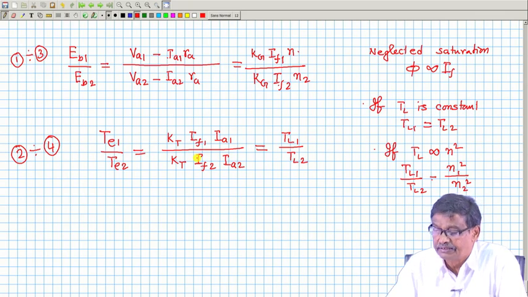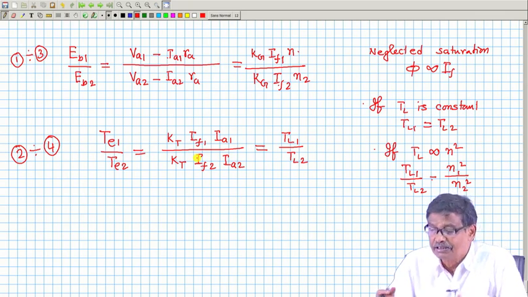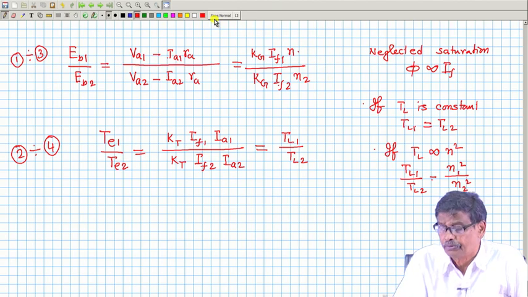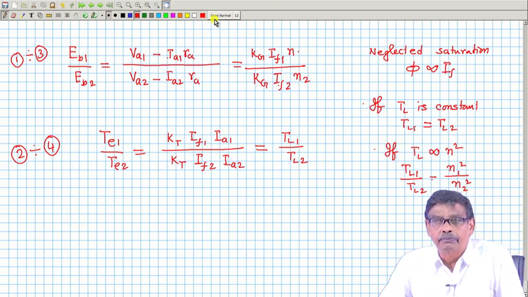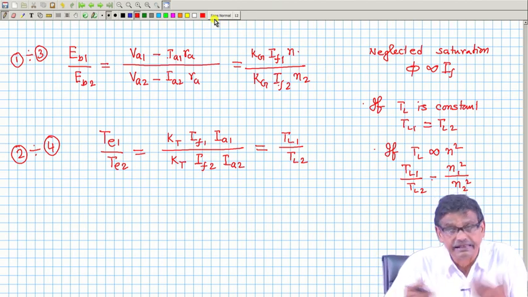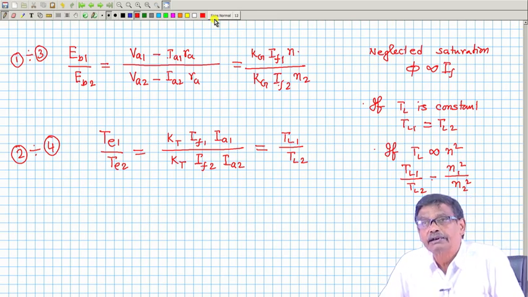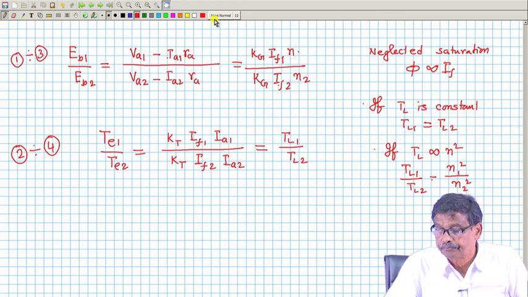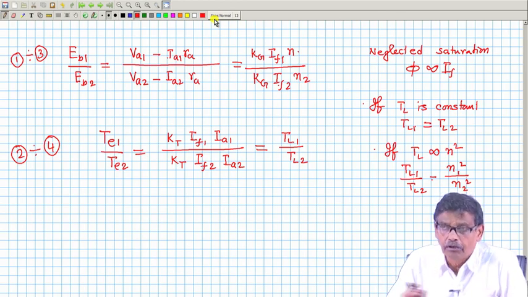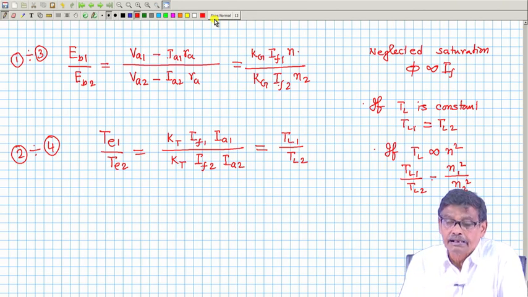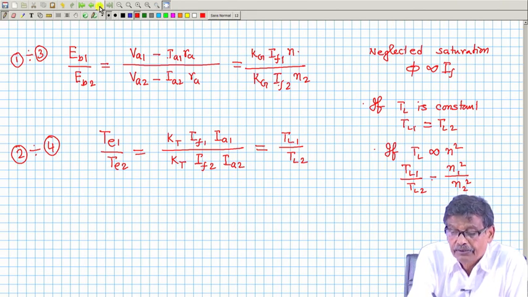It can be easily solved by using these two equations. These are the most fundamental equations we have to solve in case of a DC machine and take the ratios, that is the back EMF equation and the electromagnetic torque equation, and we can solve the problem.